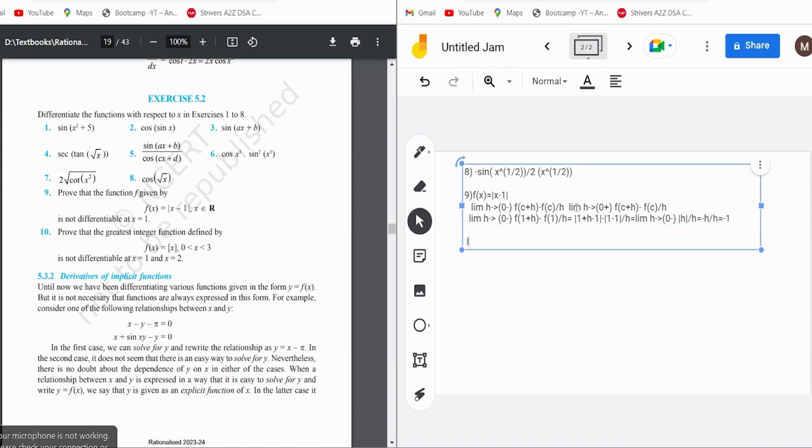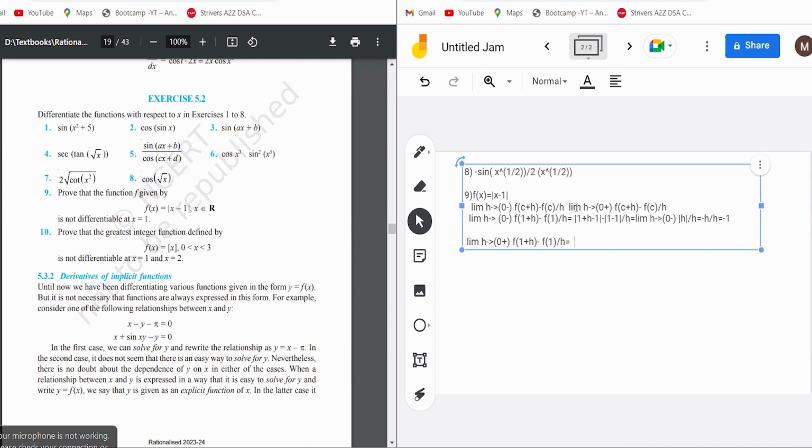Now let's solve for the positive part. Limit of h tending to 0 plus, f of 1 plus h minus f of 1, divided by h.